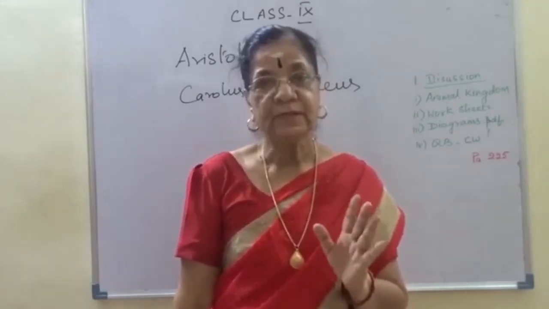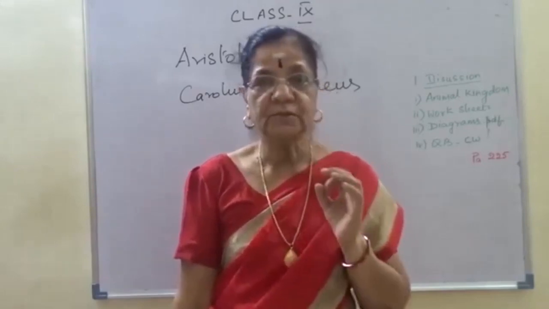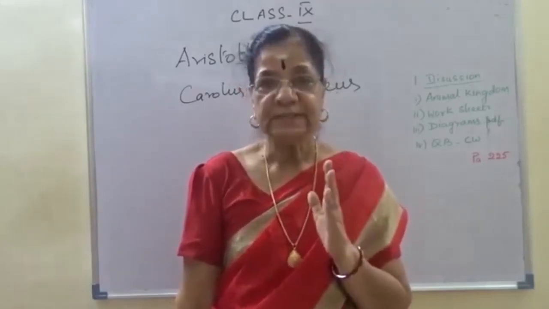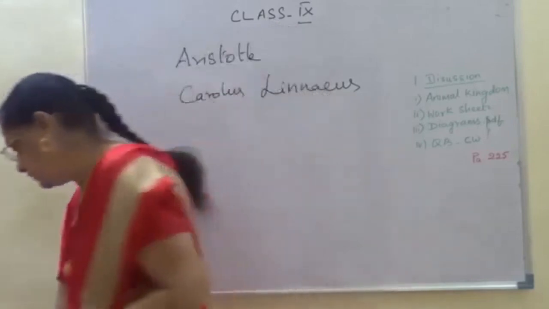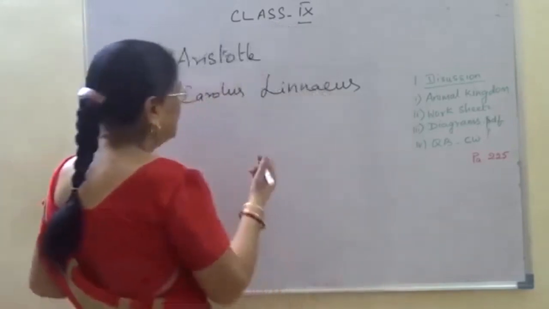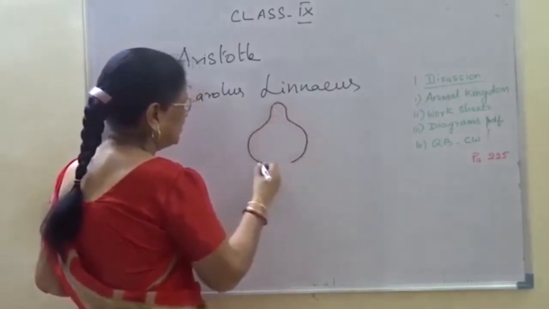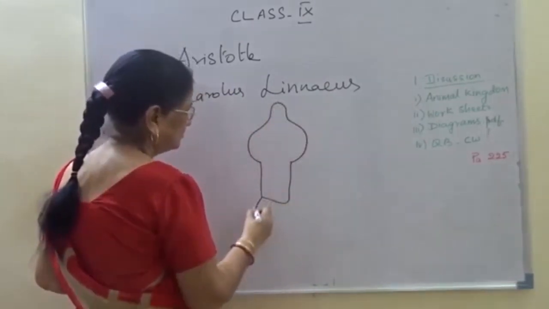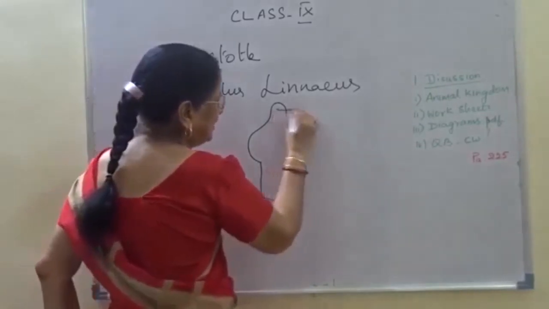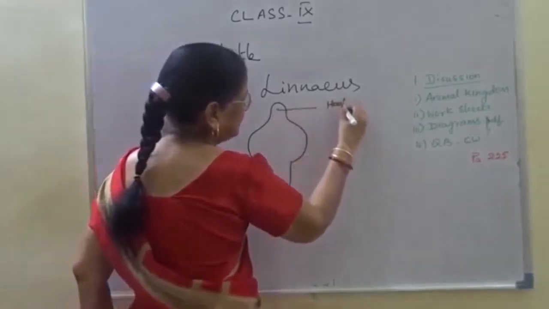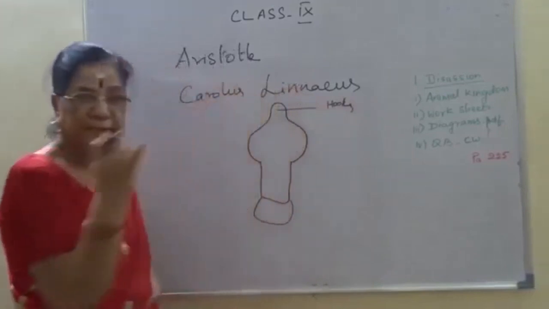Each diagram should be drawn neatly with a pencil, and all the labeling should be done. This will come in the exam. All the labeling should be on this side, with the diagram heading.